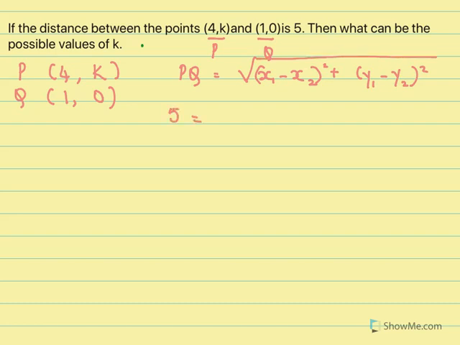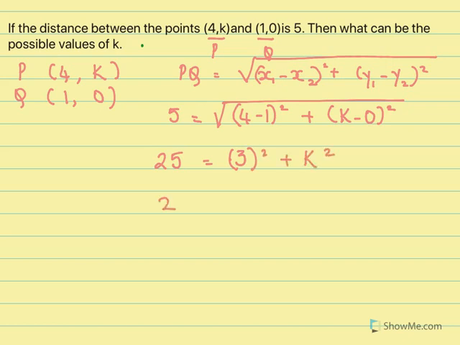So 5 equal to x1 minus x2 is 4 minus 1 the whole square plus K minus 0 the whole square. Squaring on both the sides, you get 25 equal to 4 minus 1 is 3 square plus K square. So 25 equal to 9 plus K square.